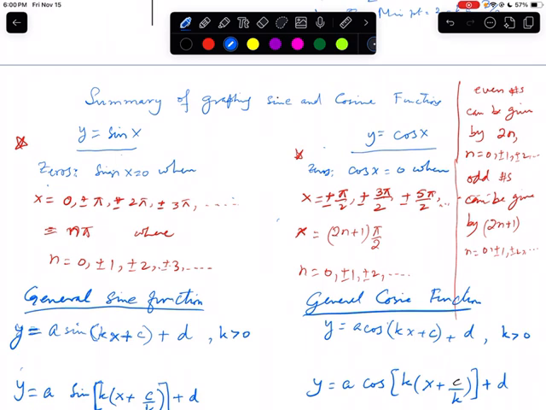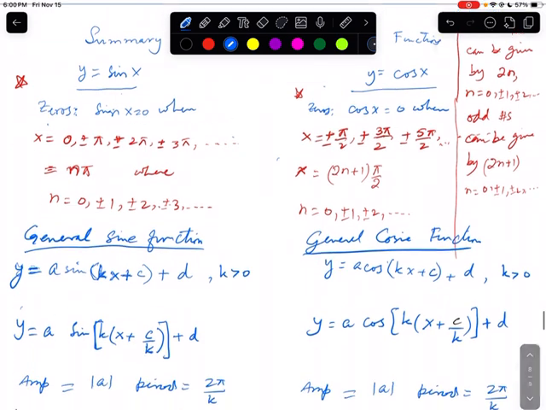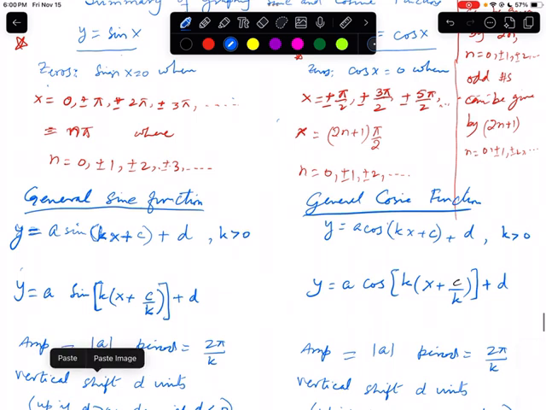This includes the horizontal shift as well. So what will be the horizontal shift? Remember, when we add or subtract a number to x, that is where the horizontal shift happens. How will you calculate it? You take k common, and then inside you get x plus c over k. So c over k is going to be the horizontal shift.